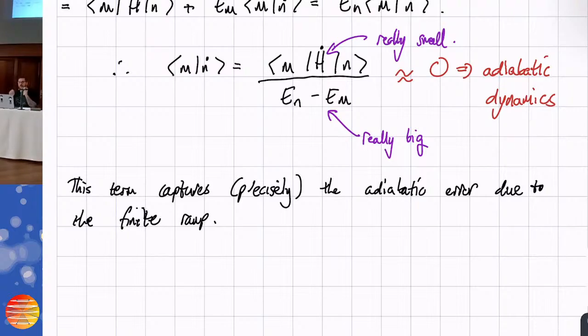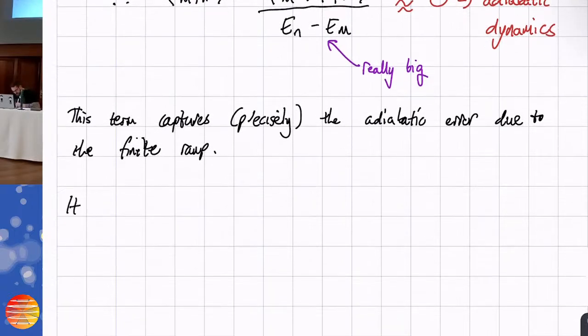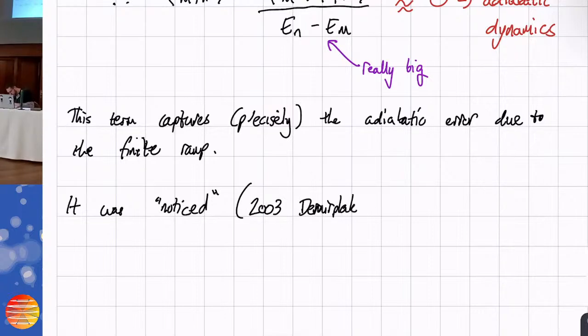So this is telling me the different matrix elements. I can build a Hermitian matrix, a Hamiltonian that I can then just add to my system. So what I'd say is it was noticed, maybe? This was in 2003 by Demirplak and Rice, and then independently in 2009 by Berry.